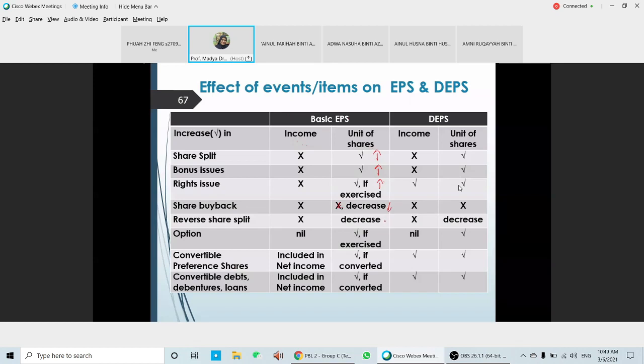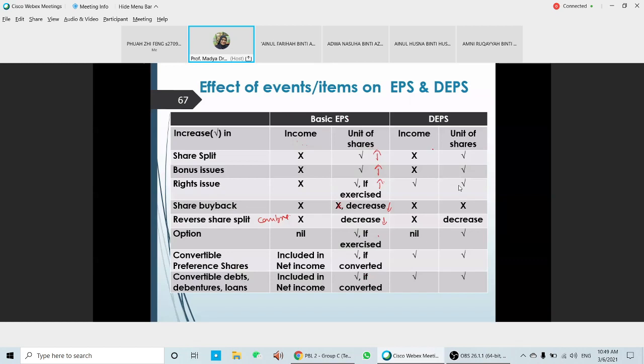Reverse share split also reduces because you combine the shares. Options here have an effect if exercised. Convertible debt and preference shares also have an effect if you convert them.